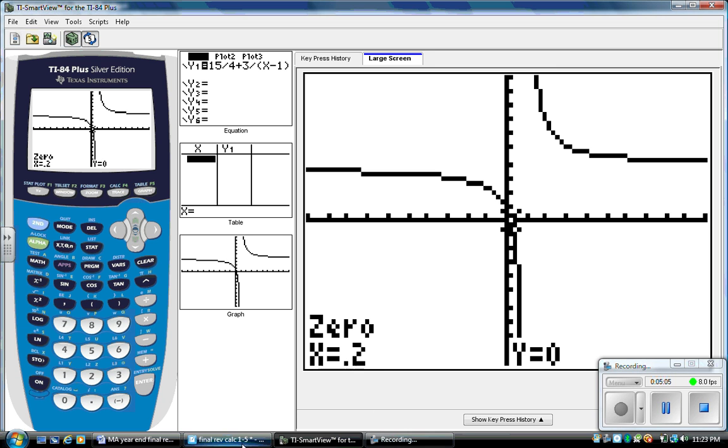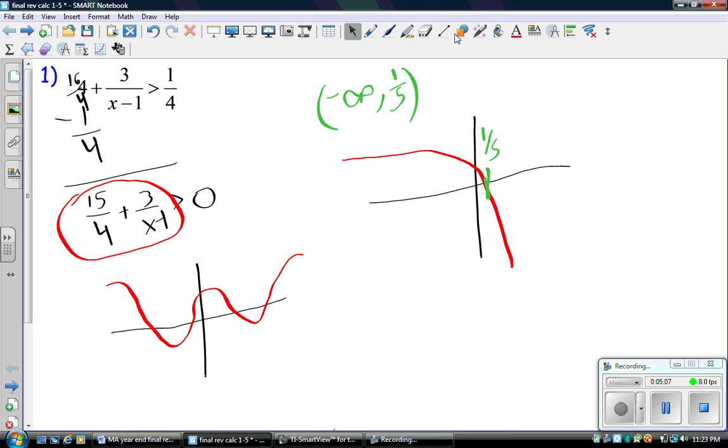So again, that other part looked, oh, no, that's not the color I wanted, but that's okay. And again, there was an asymptote at x equals 1. See if at least this color works. There we go.